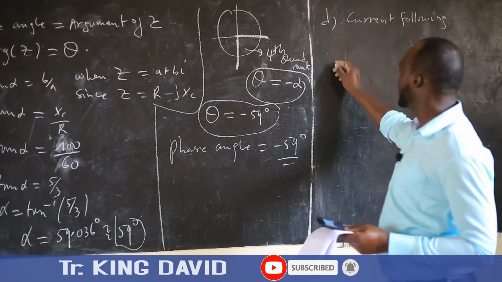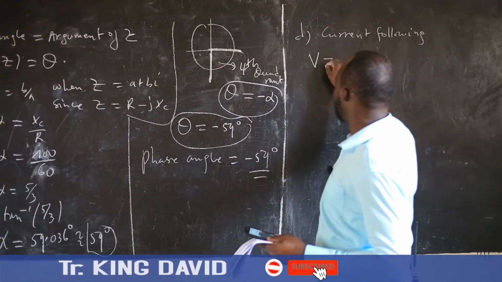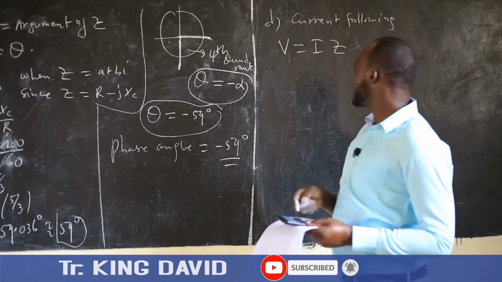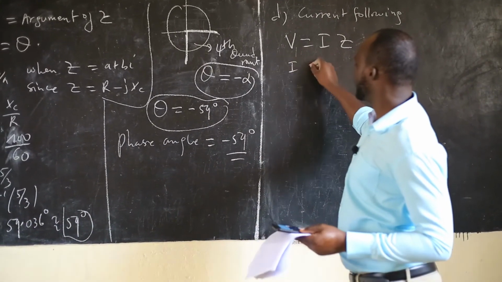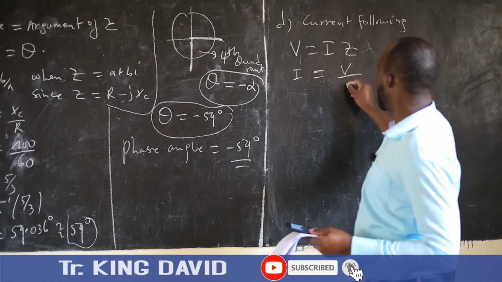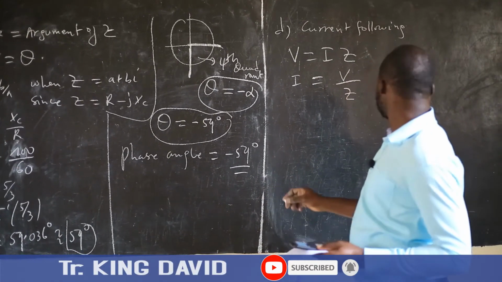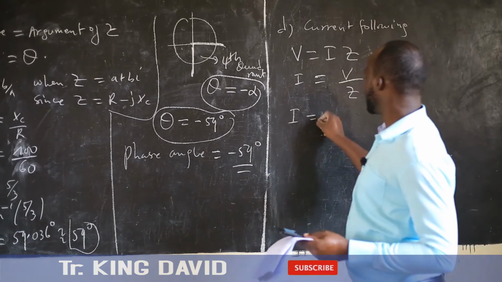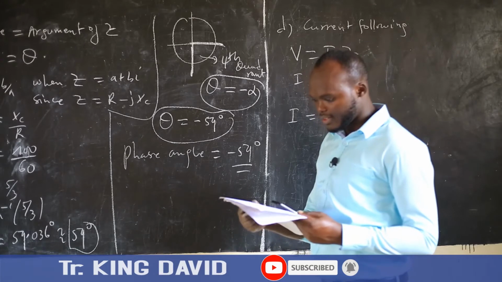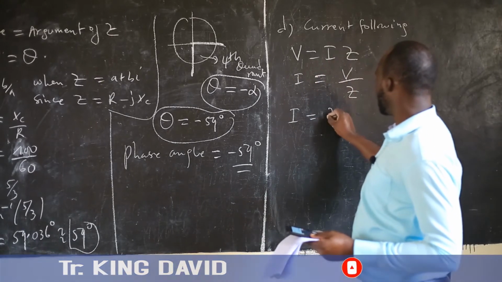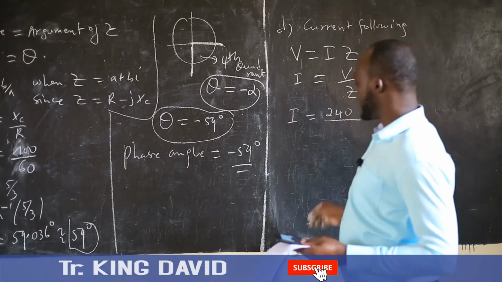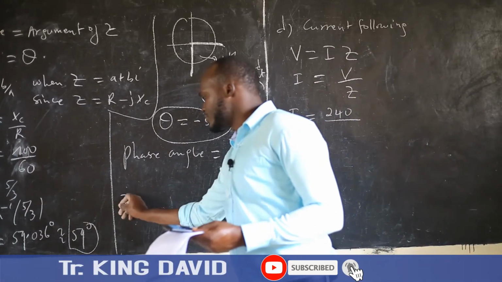We know that V equals current times impedance, which means current equals V divided by impedance. Our V is 240, yes, so current equals 240 divided by Z. Let us express Z in polar form.